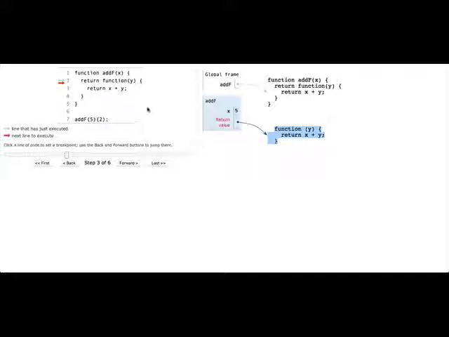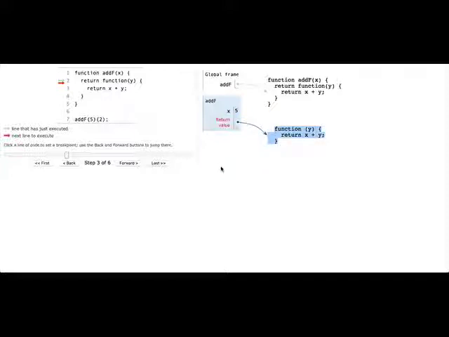So when we pop out of this addF, all we're returning is a function. Right now, as addF is on the stack, we've got the number 5 that is associated with X, and we've got a return value, which is this whole function.